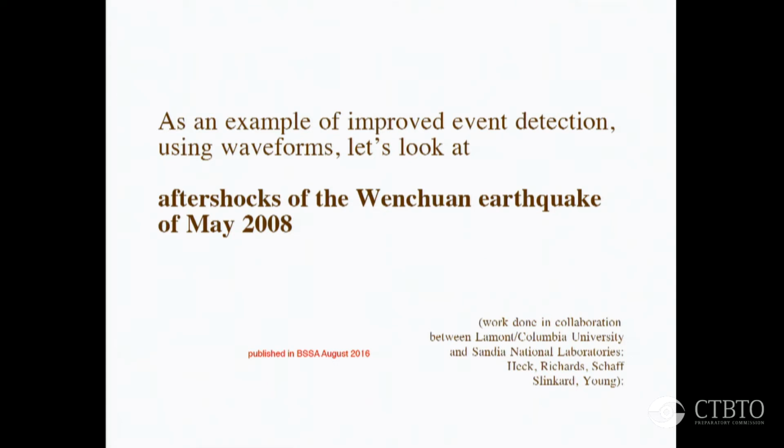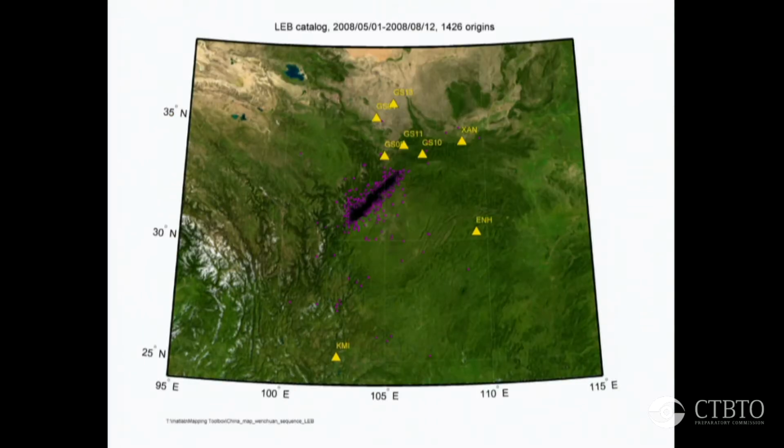Work led by Megan Slinkard on the aftershocks of the Wenchuan earthquake, a tragedy of May 2008, is shown here in map view. In this case, 3 stations, Xi'an, ENH, and Kunming, were supplemented by a small number of temporary stations from the SnT project.